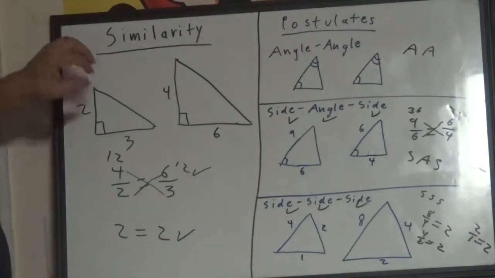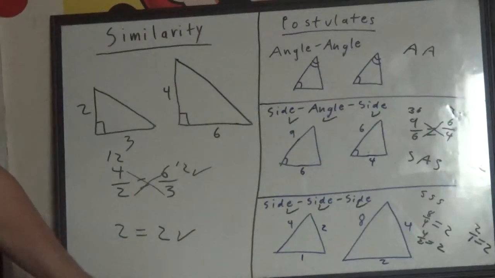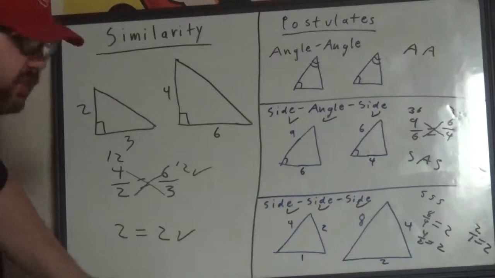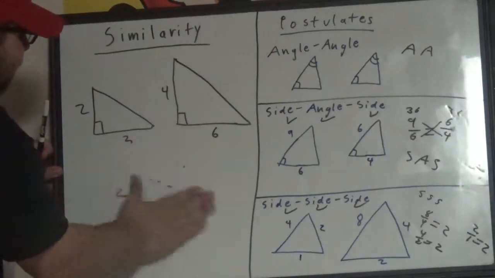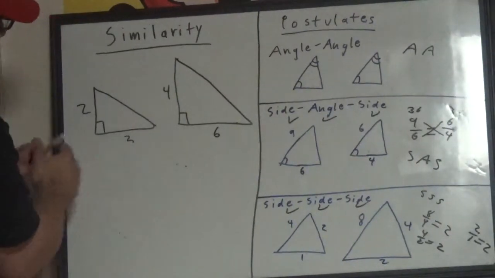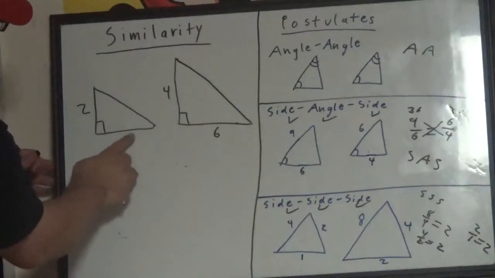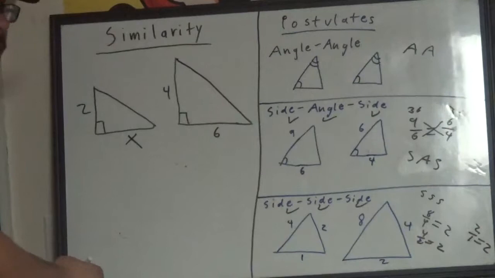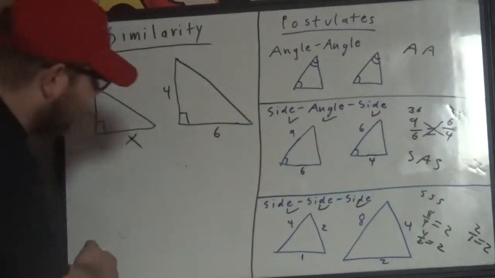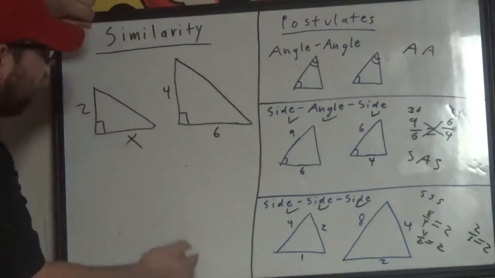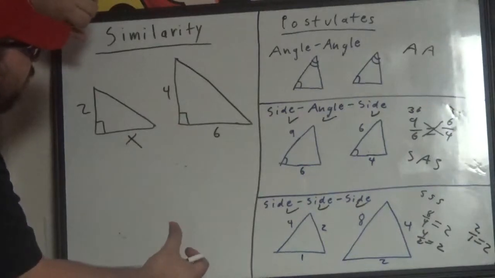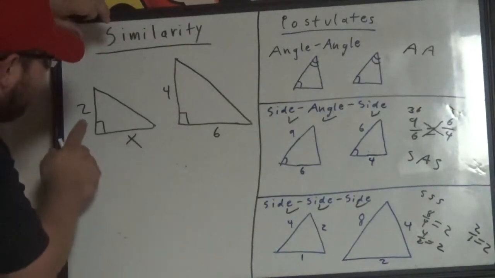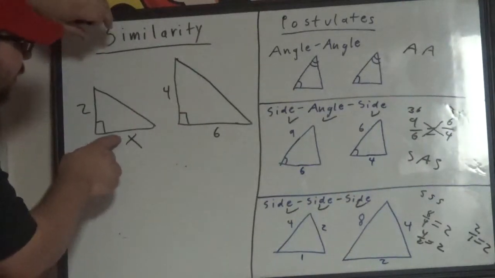Okay. So that is similarity. The last thing I want you to go through is if we're finding a missing side. Now I'm going to go back here. Let's say we know these 2 triangles are similar. We're given that information, but we don't know what one of our sides is.